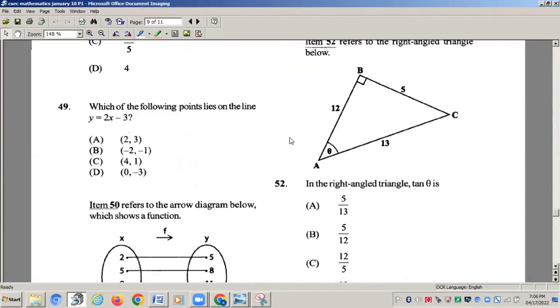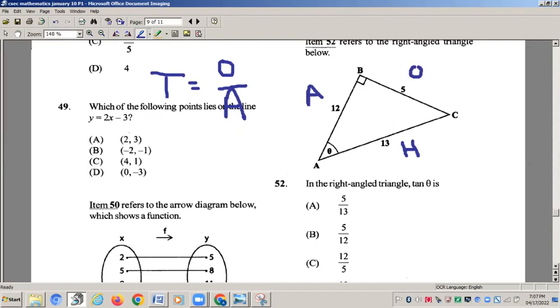It says, in the right angle triangle, tan theta is what? Tan is O over what? A, over adjacent. Which side is the hypotenuse? AC. Which side is the adjacent side? AB.